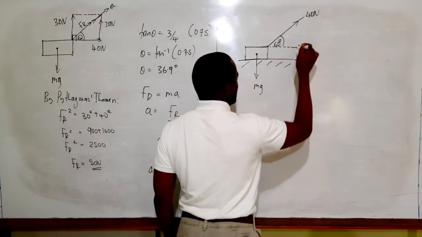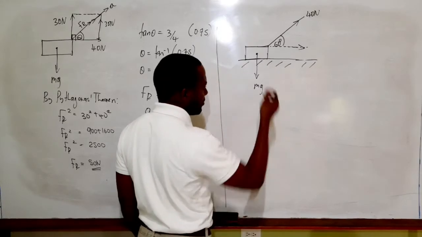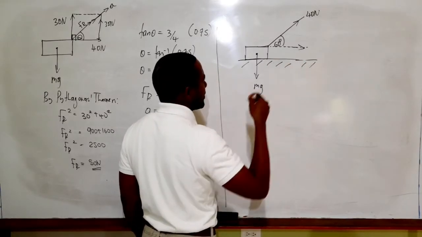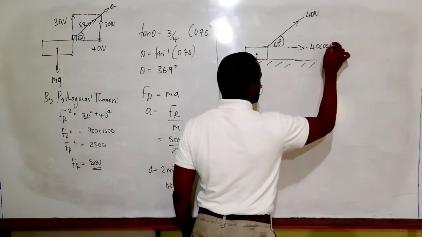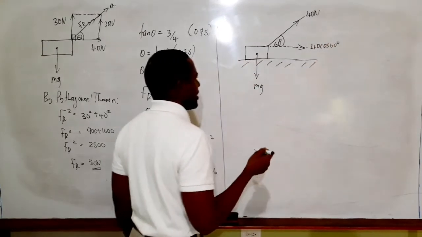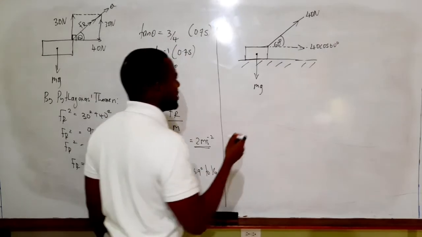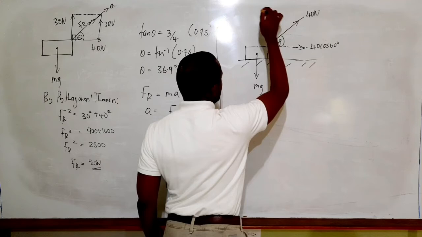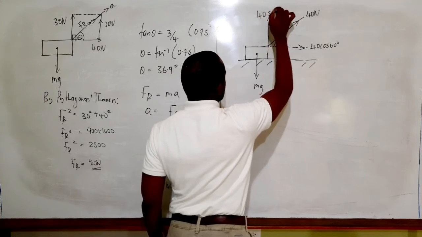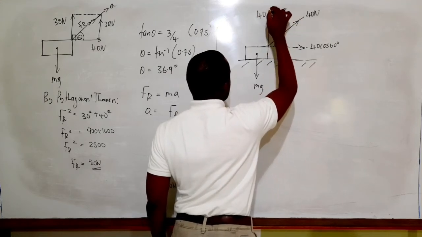It will have a component in the horizontal direction given by 40 cos 60 degrees, and it also has a component acting vertically of magnitude 40 sine of 60 degrees.